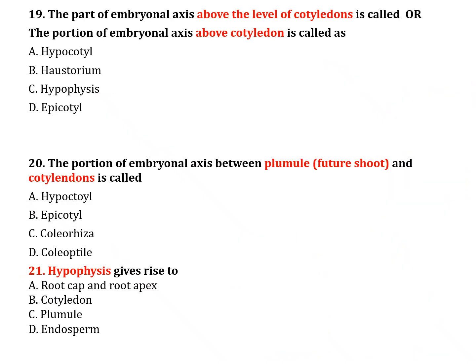The next question, number 19. The portion of embryonal axis above the level of cotyledon is called option A, hypocotyl; option B, haustorium; option C, hypophysis; option D, epicotyl. Correct answer is option D, epicotyl.